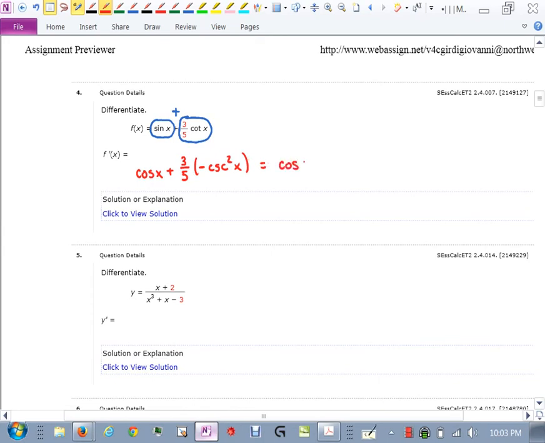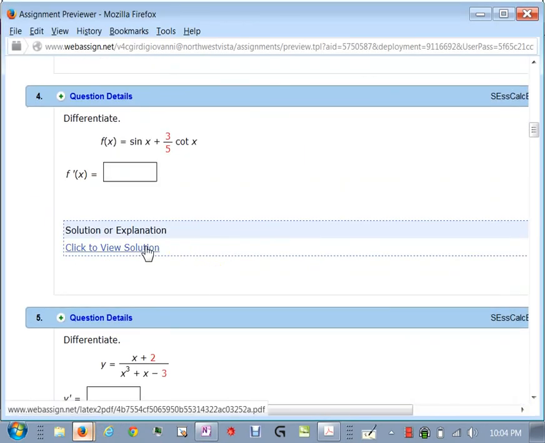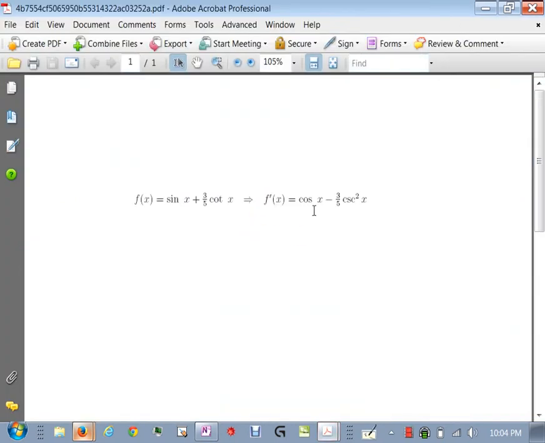So you just go cosine x, I'll move the negative in front and make it a subtraction, 3/5 cosecant squared x. We are done. And verify that that's the way they want you to write the answer. I wouldn't think it would have taken that much explanation. Okay, there it is right there.